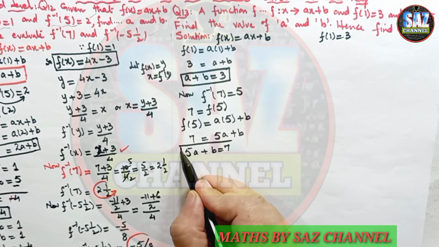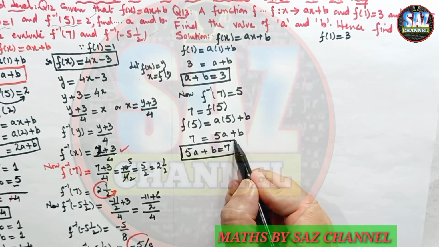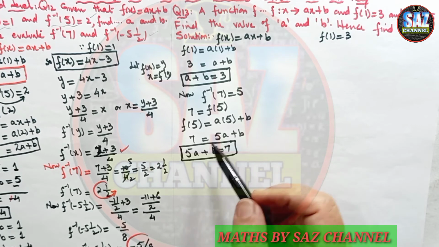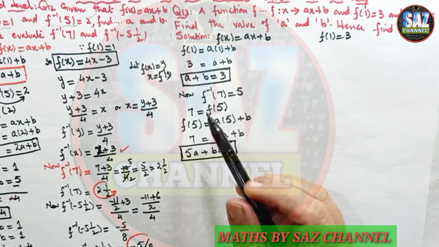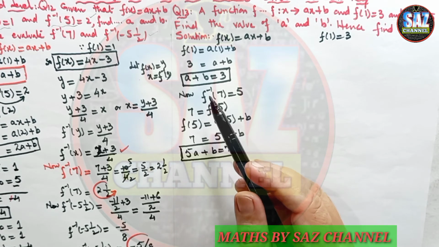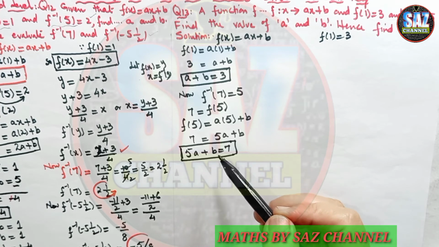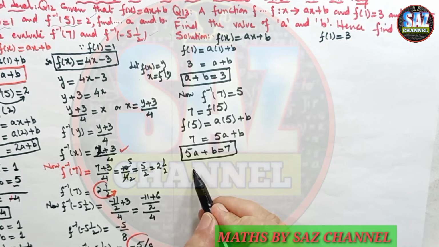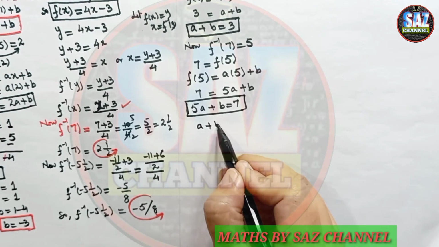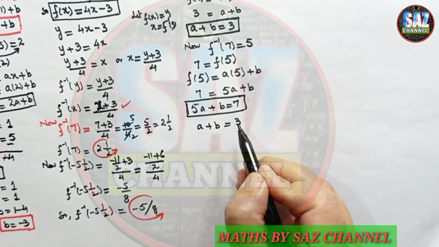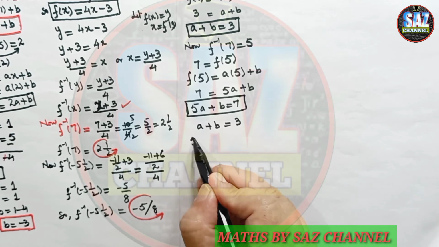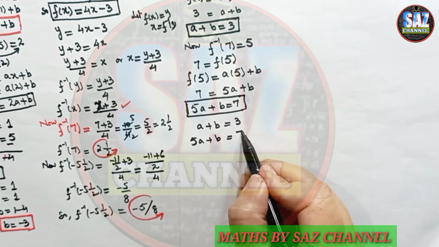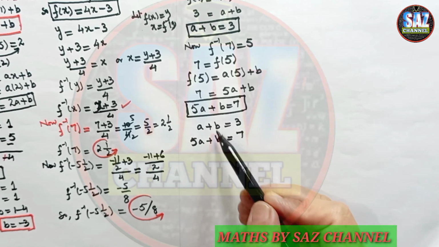Now in order to find the values of a and b, I have to solve these simultaneous equations. It is up to you which method you apply. Either you can apply the elimination method or the substitution method. I will preferably go with the elimination method. Now I write the equations together: a plus b equals 3 and 5a plus b equals 7.